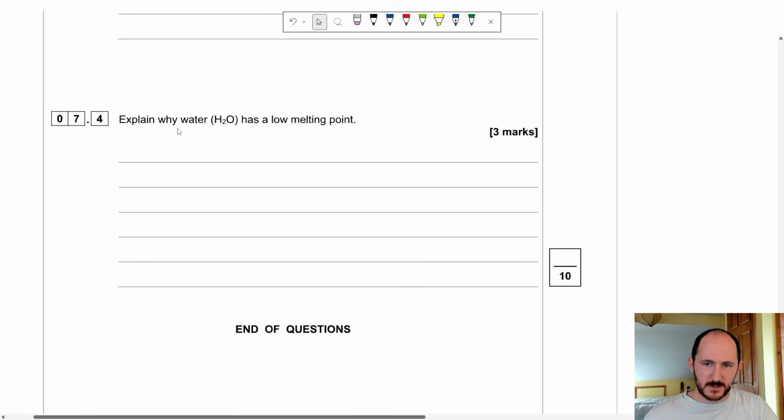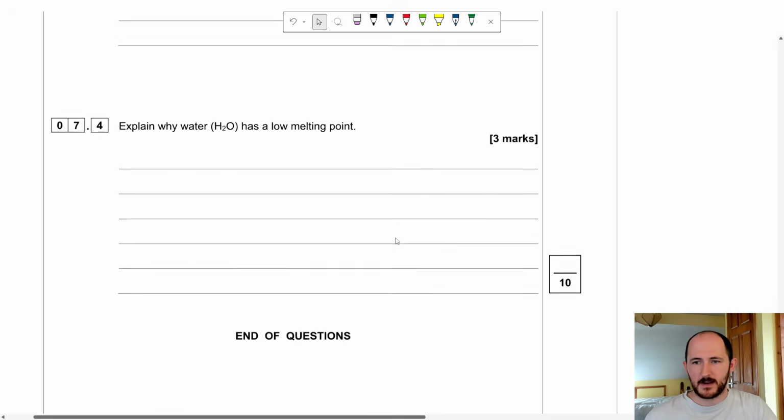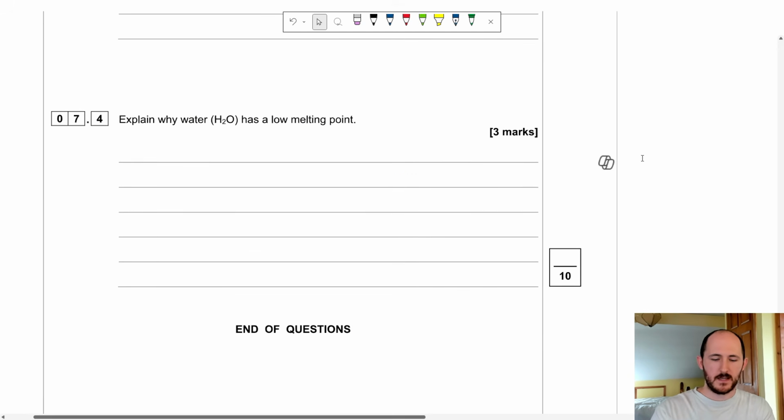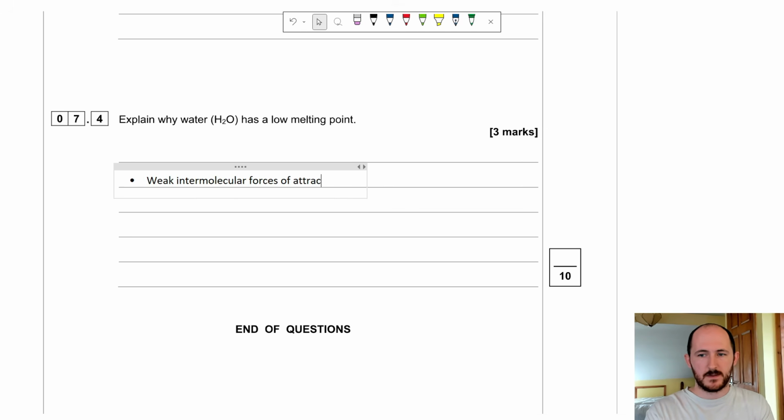And then from there, we have to explain why water has a low melting point. Well, this is very, very similar to this, except you're saying basically the opposite. So first thing is that there are, by the way, a lot of different things you can say. There are weak intermolecular forces of attraction. Why is that? Well, you can say a few different things. It's because it has a simple molecular structure, due to a simple or small molecular structure.